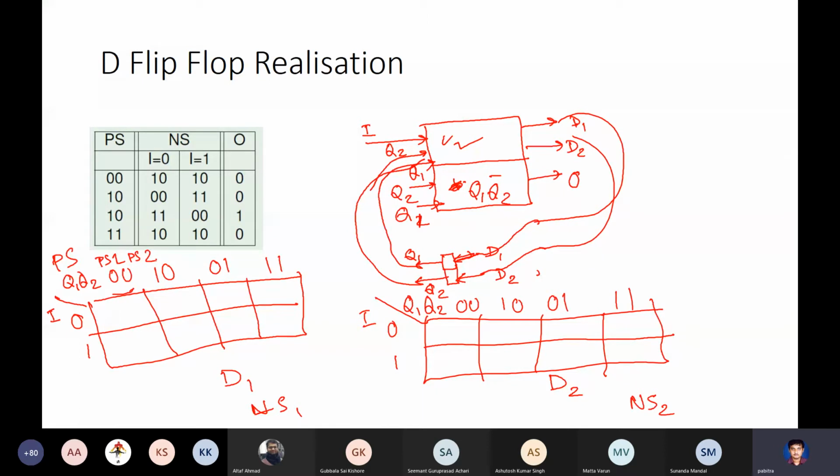Okay, now fill up this Karnaugh map. Tell me what are the on entries. Anybody for D1? What are the on entries for D1?